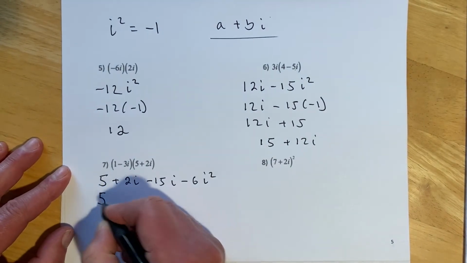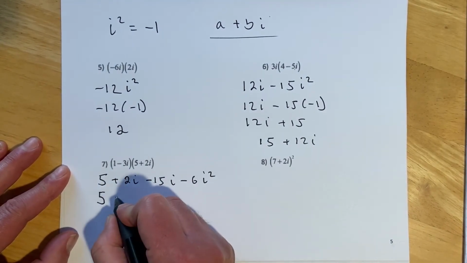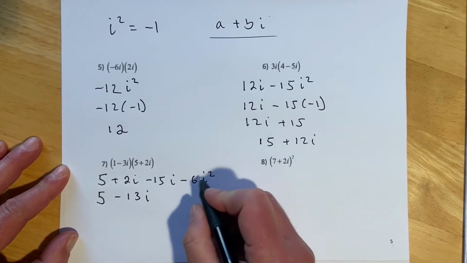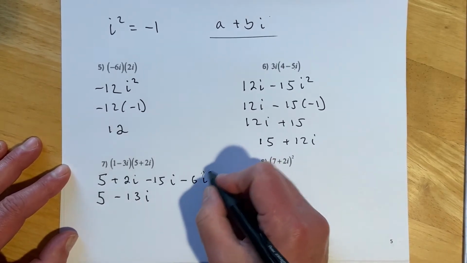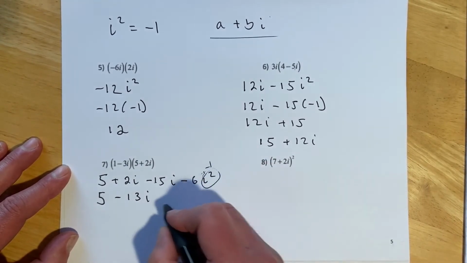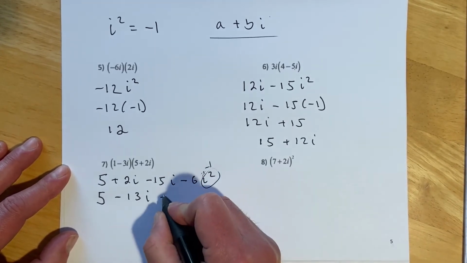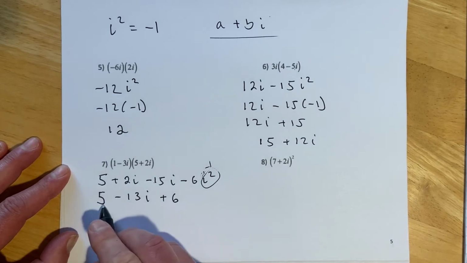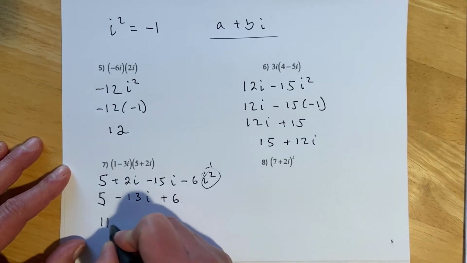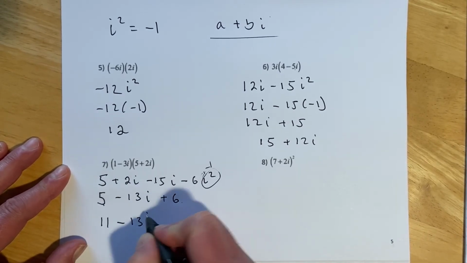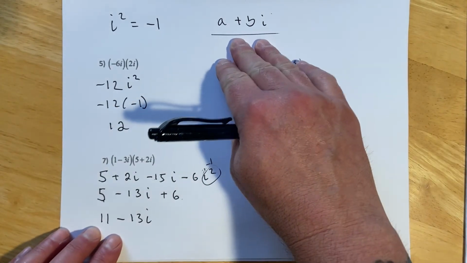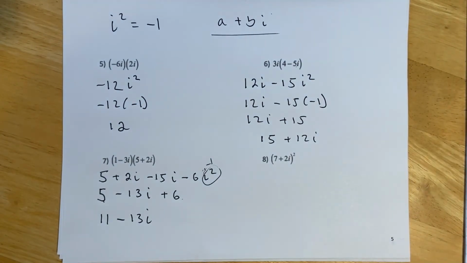So this will be 5, 2i minus 15i is minus 13i, and then i squared there, so remember this is our negative 1, so it's going to flip that sign, which is what the i squared always does, is reverses the sign. So we'll make that a plus, and then 5 and 6 for 11, minus 13i. And now I'm in standard form, so that means I'm done.